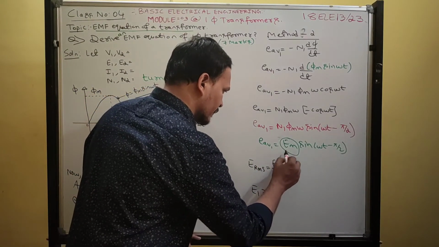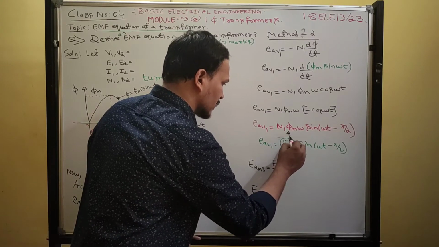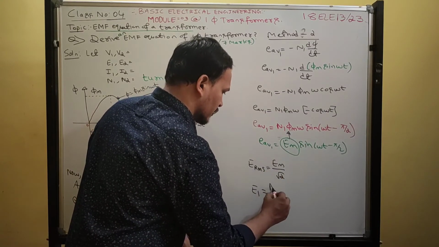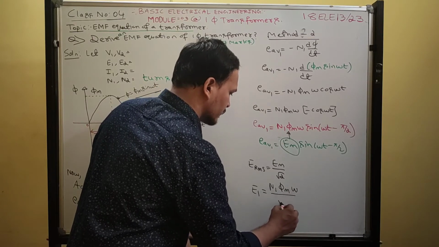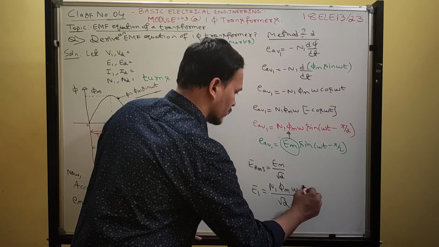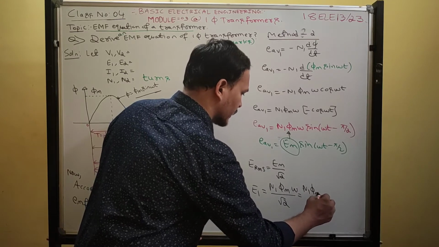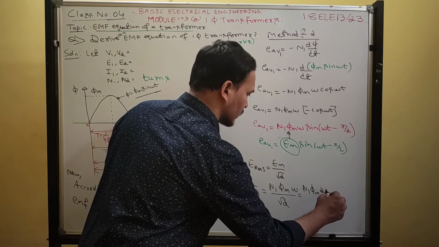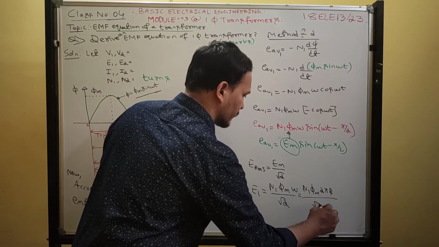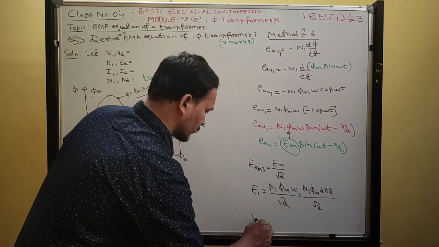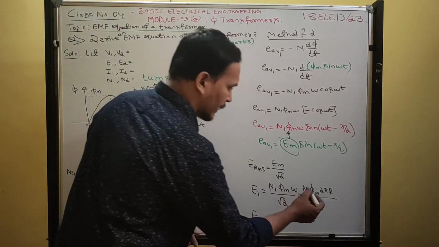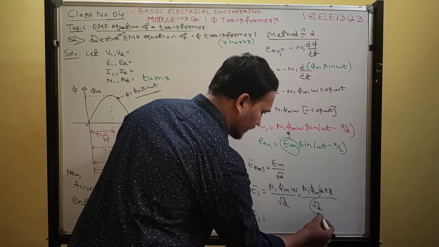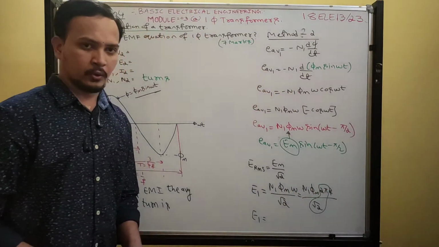What is EM? Compare this equation. What is the maximum voltage? N1 phi m omega divided by root 2. What is omega? Angular frequency, 2 pi f, divided by root 2. Now take the calculator and do this value: 2 pi divided by root 2.